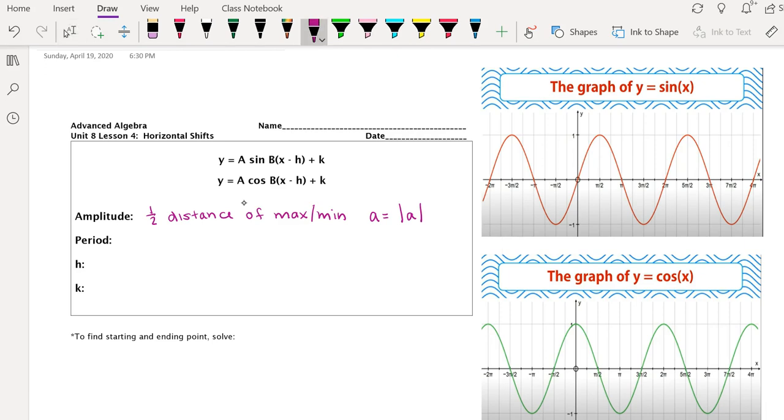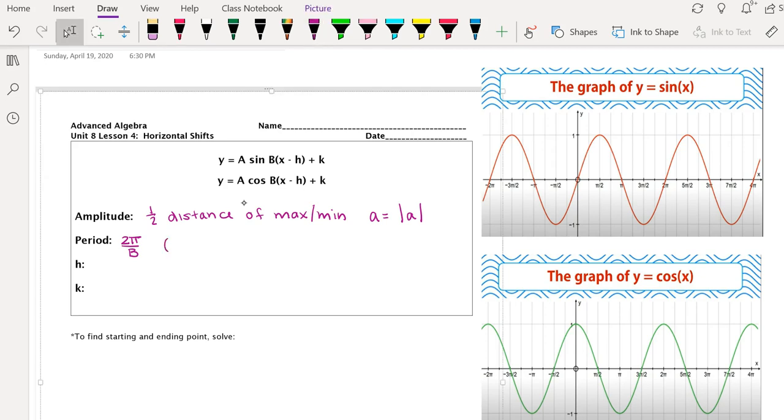The period is equal to 2 pi divided by the B value. Remember, the period is the number of units to complete one full cycle.